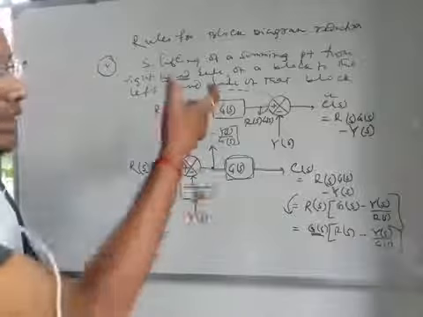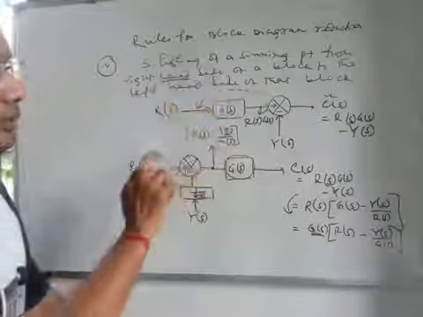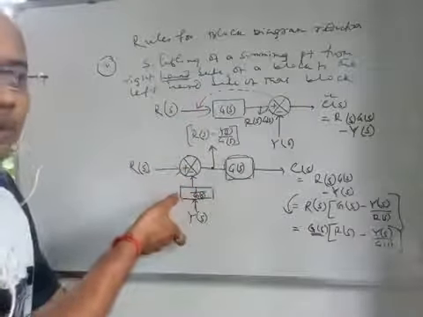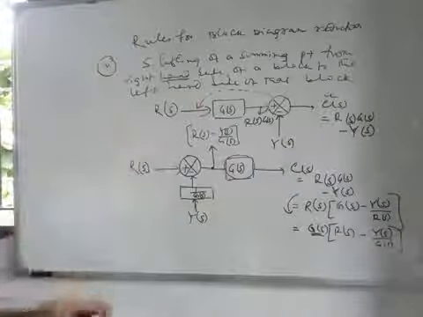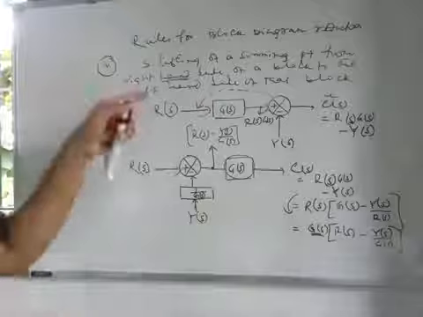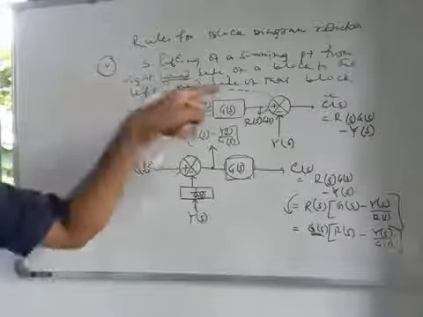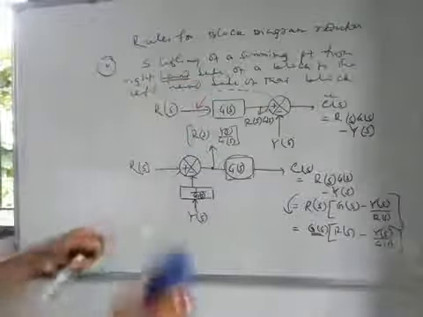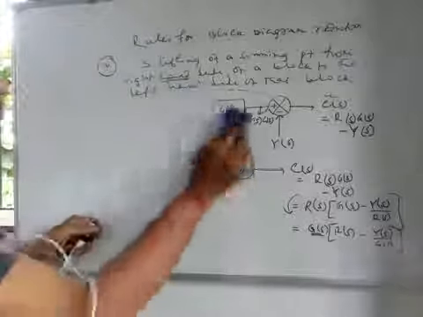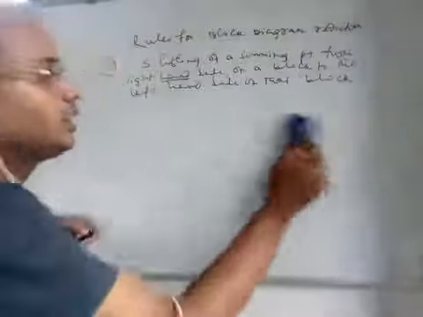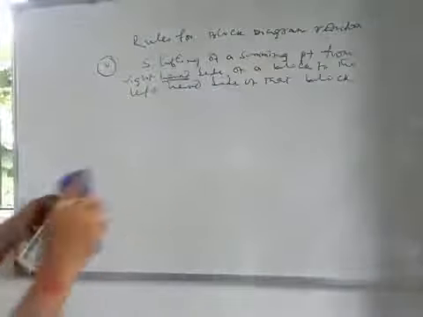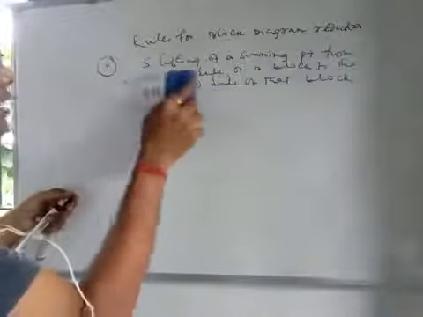So in the case of the takeoff point and the summing point, the thing is the same but just inversely related. Similarly, the next term is very easy, that is shifting of a summing point from the left hand side of the block to the right hand side of the block. These rules are actually easier to understand.